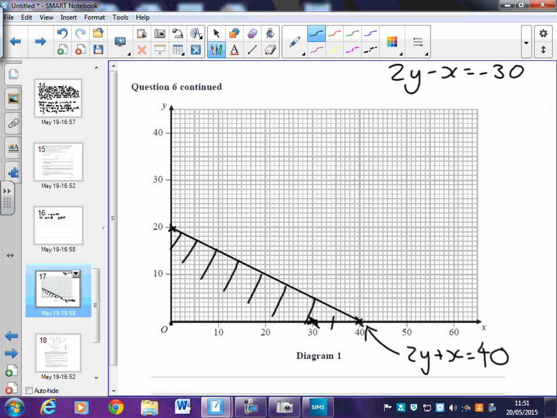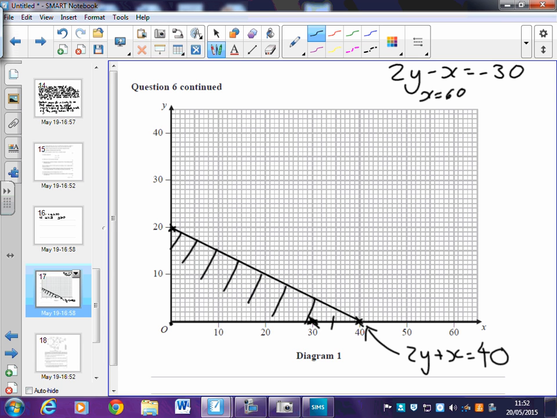Now, if x was 0, you end up getting 2y equals minus 30, which means y is equal to minus 15. Obviously I can't plot that on my graph because it only goes up to 0, so I need to pick another point for x that is on the graph. I'm going to go for 60. Let's pretend that x is equal to 60.